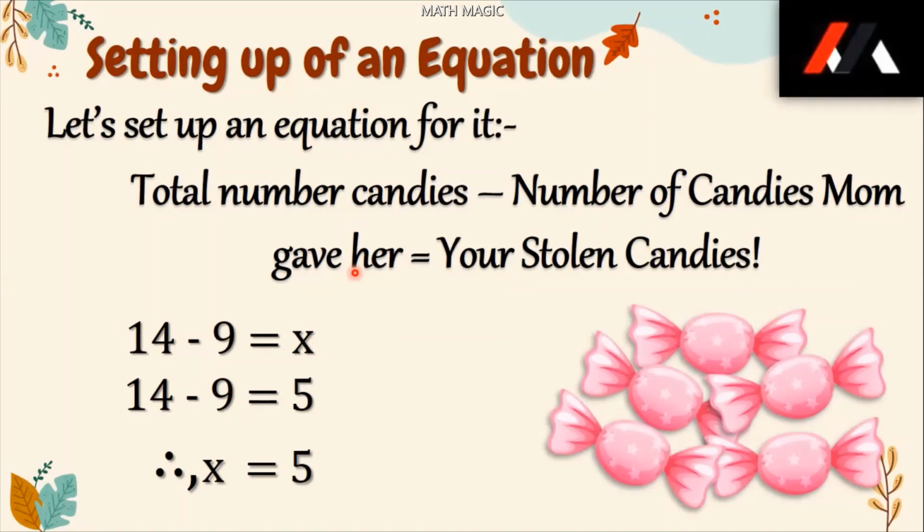A variable is an unknown quantity represented by an alphabet which can take up any value according to the situation. So in this situation, the variable is X and the value of X is equal to 5.